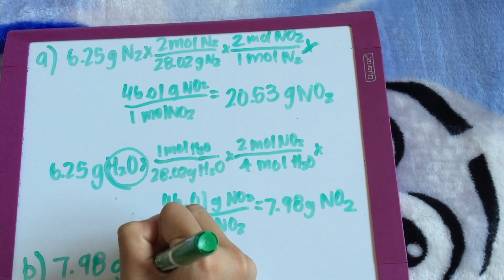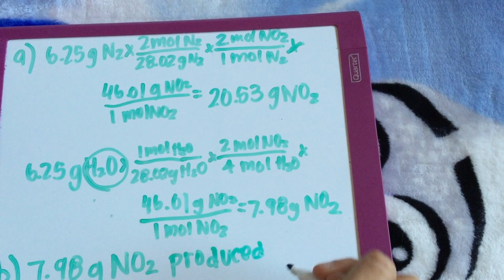B is similar to example 3, exercise B. So you would take the amount of grams the limiting reagent produced that you found in the equation previously. So the answer would be 7.98 grams of NO2 that was produced by our limiting reagent H2O.